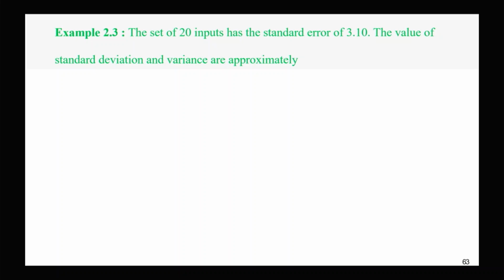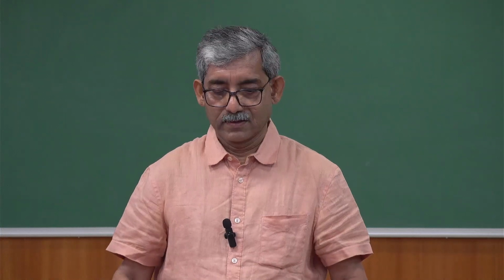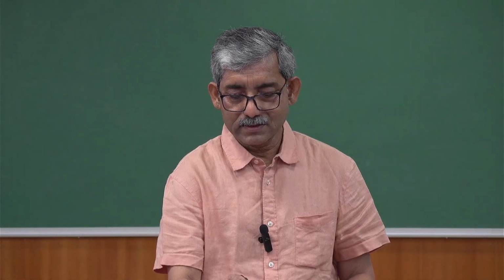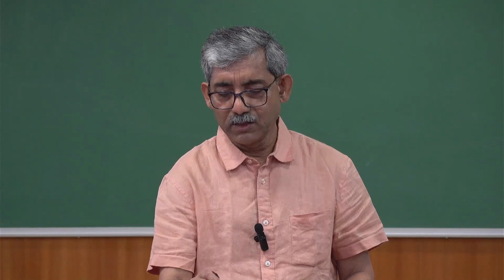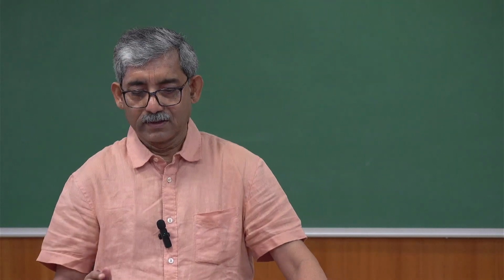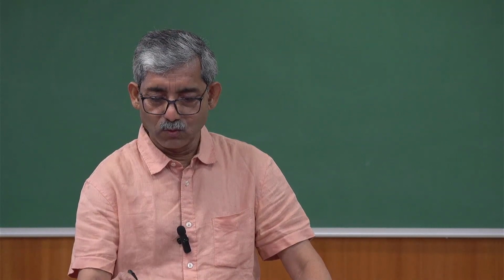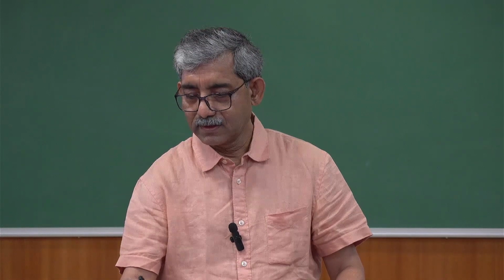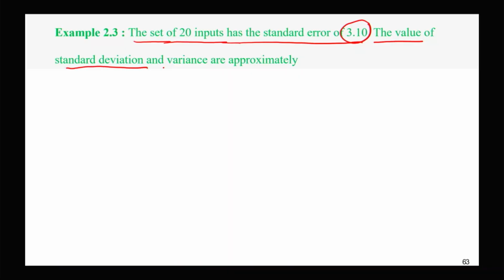Now let us try to see a few numericals. The first numerical: a set of 20 inputs has a standard error of 3.10. The value of standard deviation and variance will be approximately what?